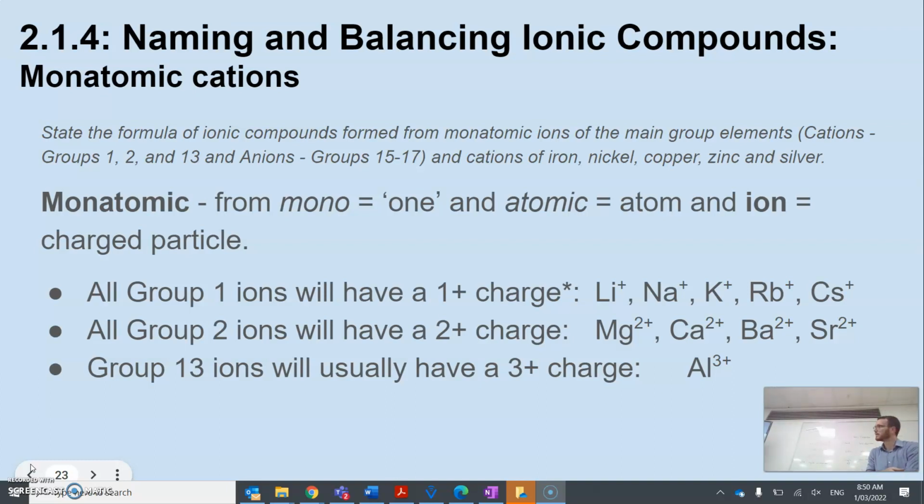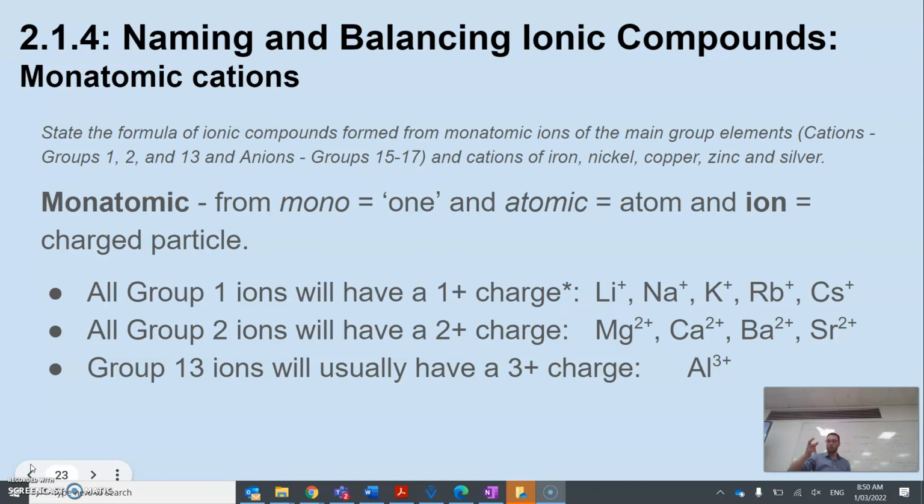So monatomic, mono meaning one, atomic, obviously atom, and ion, meaning charged particle. So our main group elements, right, the charge is fairly straightforward. All group 1 ions will have a 1 plus charge. All group 2 ions will have a 2 plus charge.